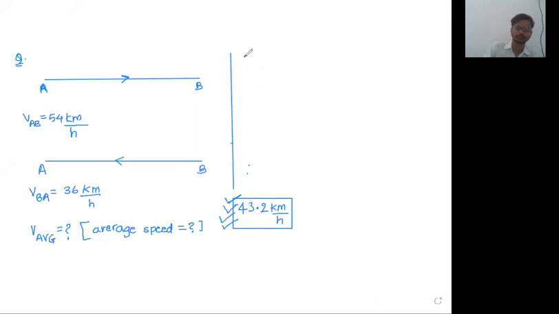Okay, so here write V average. Do we have any formula to find out average speed? Yes, sir. Total distance traveled upon total time taken. What is the total distance? Sir, distance AB plus distance BA. Very good, Vidhi.